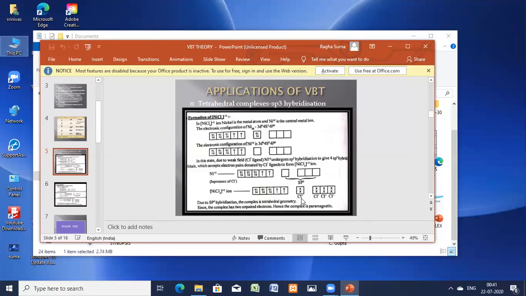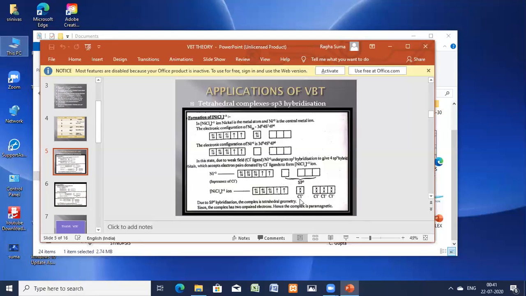Each chloride ion will give a pair of electrons to an empty orbital. Here, one chloride is giving its 2 electrons to the empty sp3 hybrid orbital of the nickel metal atom. Again, another chloride is giving its lone pair of electrons to the empty hybrid orbital of the nickel.